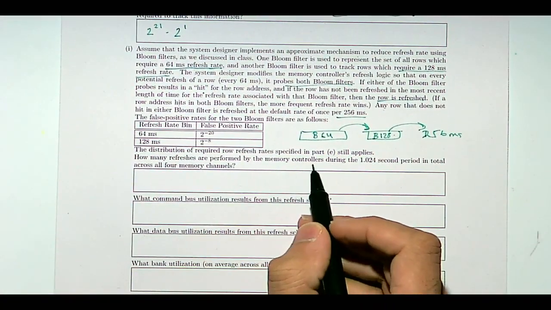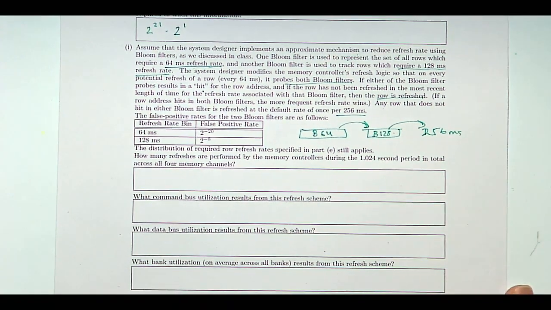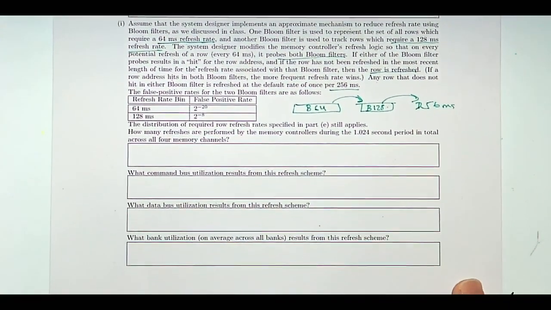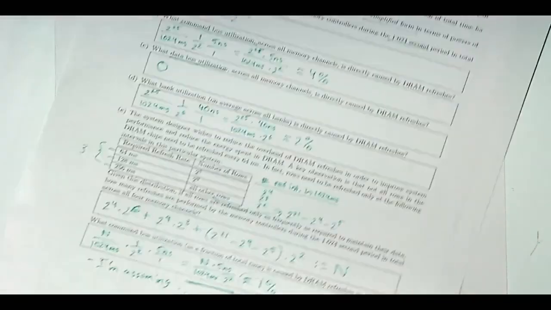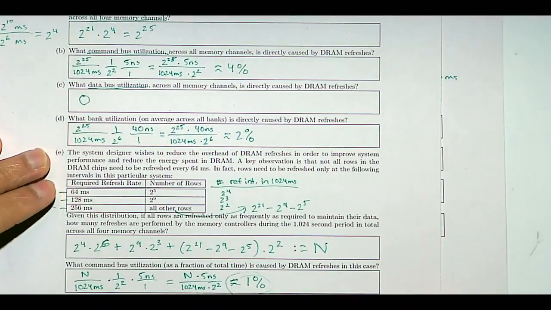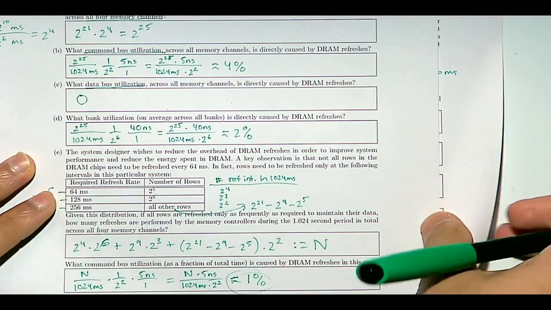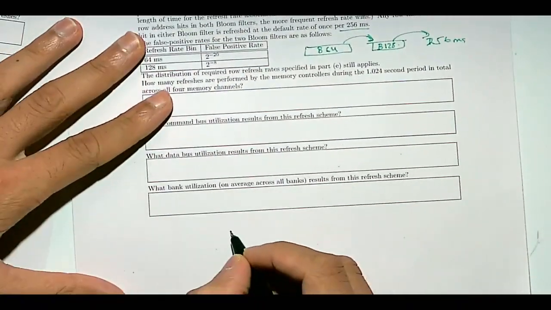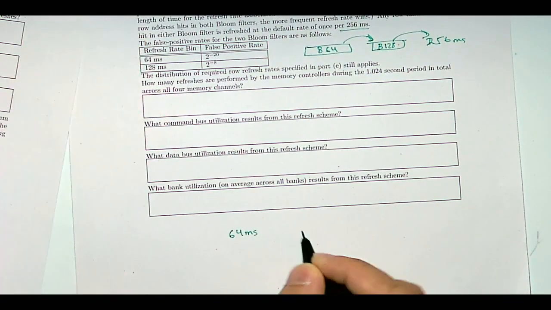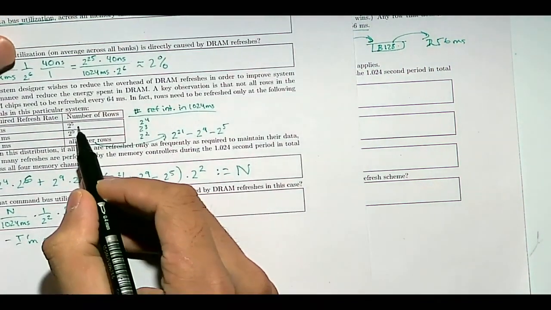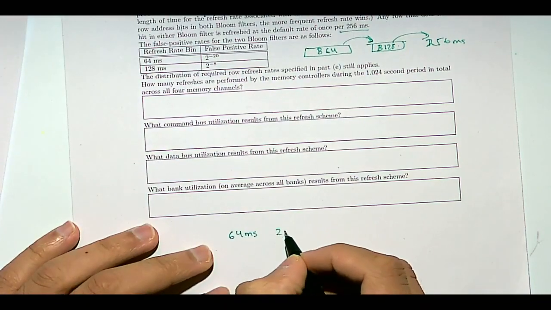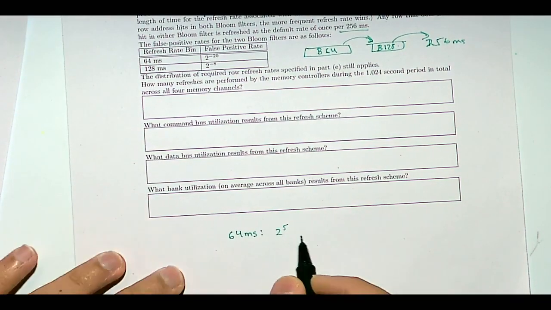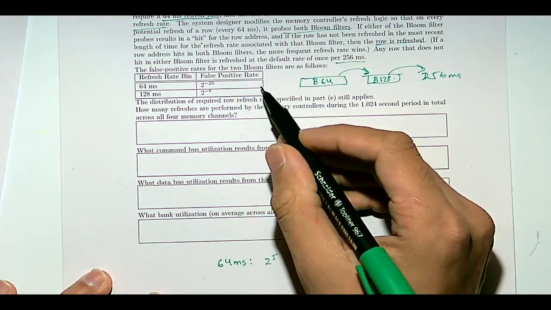How many refreshes are performed during the 1024-second period across all 4 memory channels? We have these values, but we're also going to rearrange these bins a little bit based on the false positive rates. For the 64 millisecond bin, we have 2 to the 5 rows that are guaranteed to hit in the Bloom filter. So these 2 to the 5 rows are true positives.